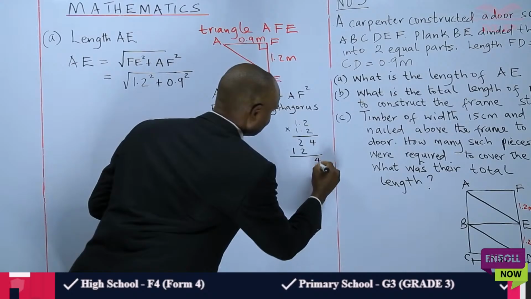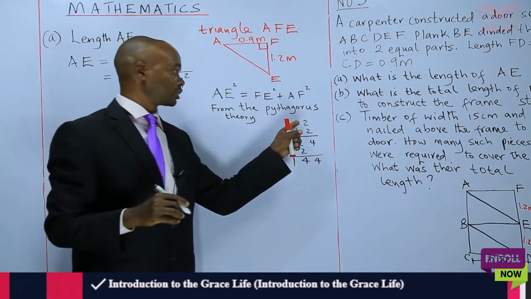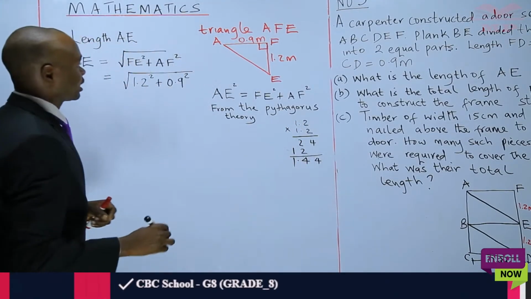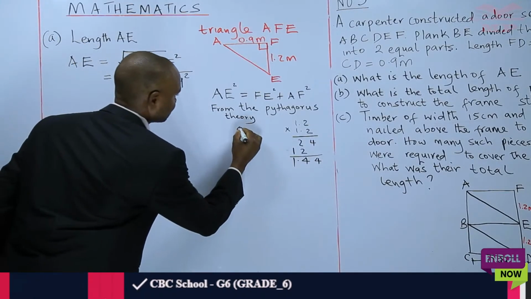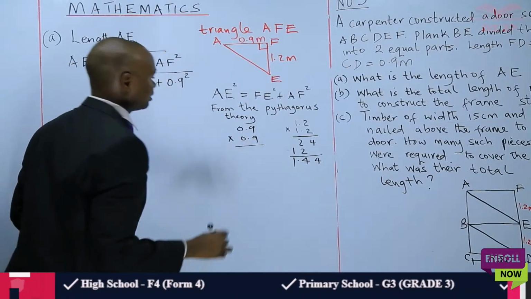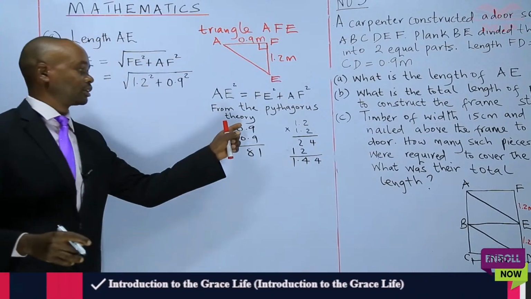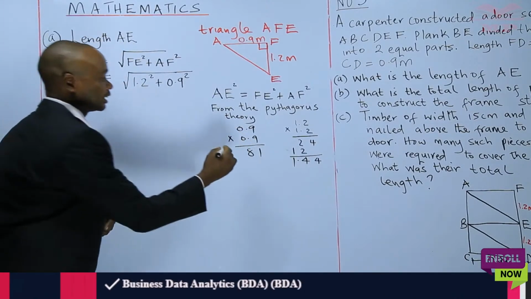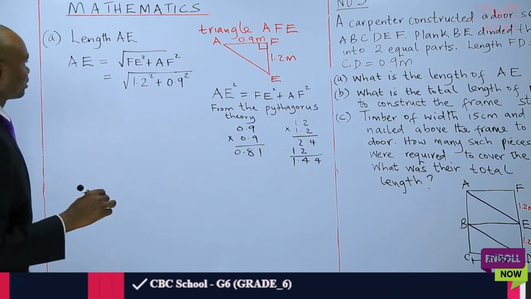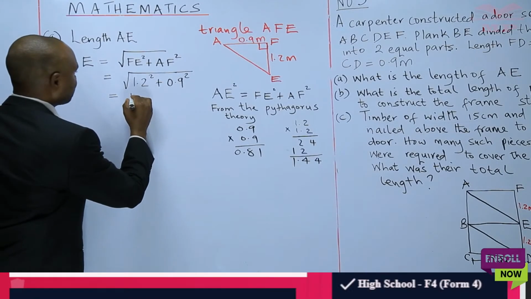So I'll have 4, 4, 1. So I'll have 2 decimal places, because this is 1 plus another one, 2. When I come to 0.9 times 0.9, the same way, 9 times 9 will give me 81, but the 2 decimal places will be reflected in that answer. So that will be 0.81. So the first answer here is 1.44.